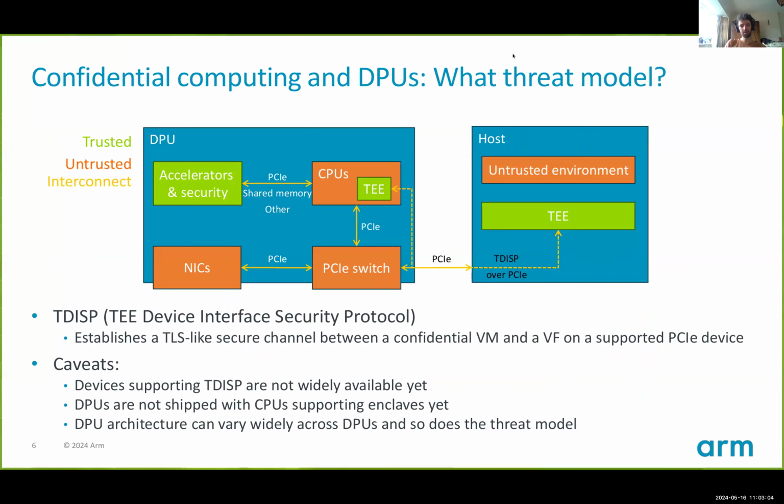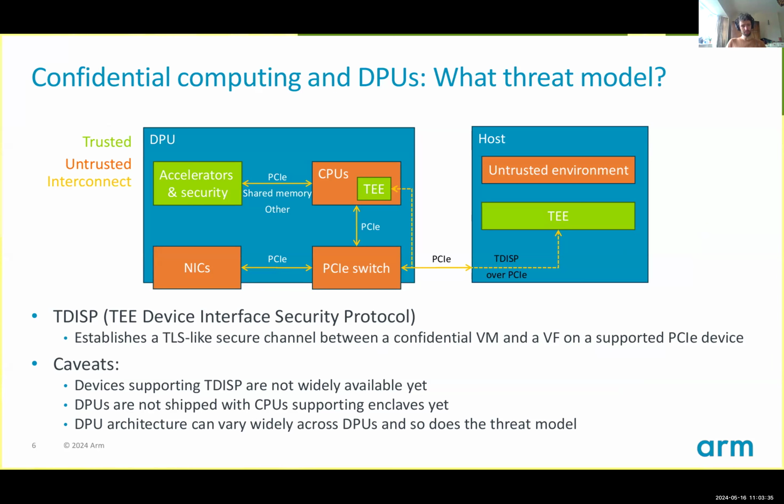Okay, so just quickly, I'm going to go over the threat model here. On the left side, we've got the DPU. On the right side, we've got the host. So we're assuming here that those two devices have a TE, which is not necessarily granted. DPUs nowadays are not shipped with CPUs capable of supporting hardware enclaves.